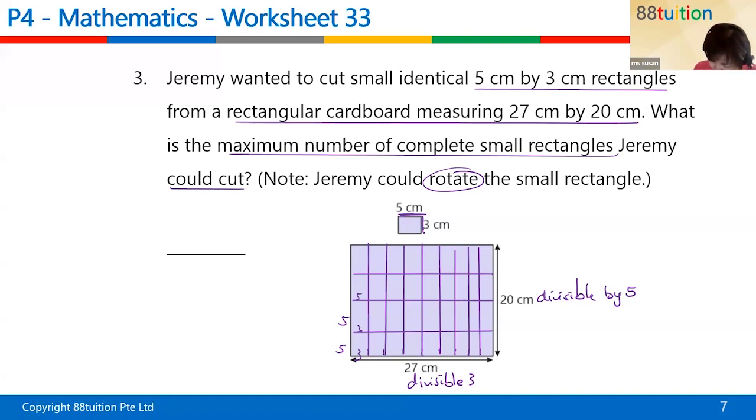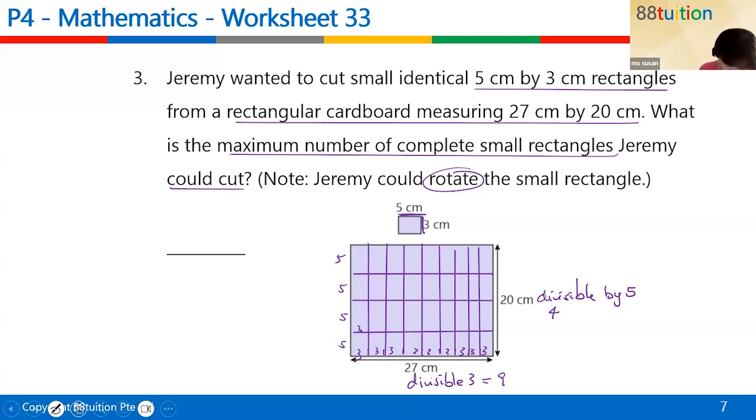This one is divided by 5, so 3 by 5, 5, 5, 5. So you have 3 cm, 3 cm. Technically, you have 9 parts, and 20 divided by 5, you get 4 parts here.